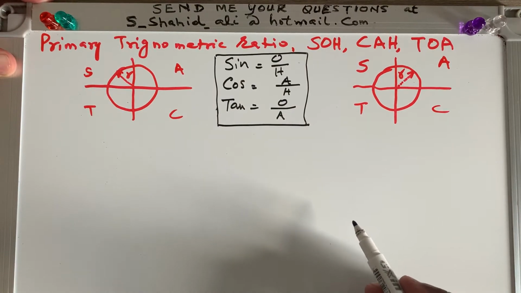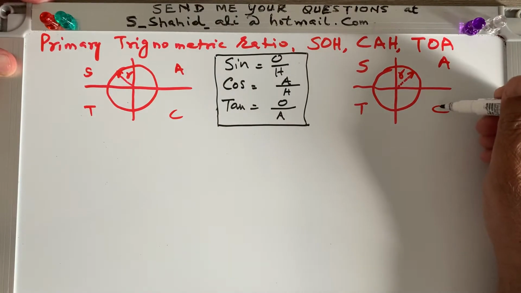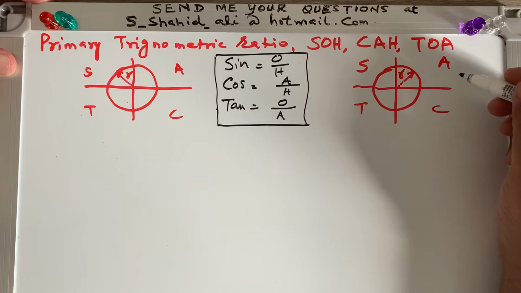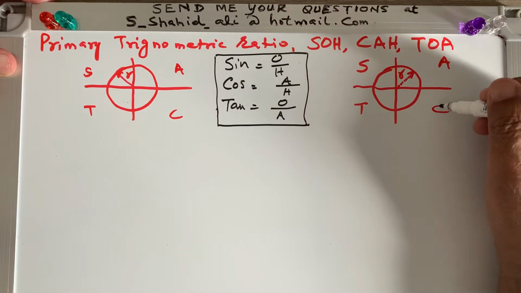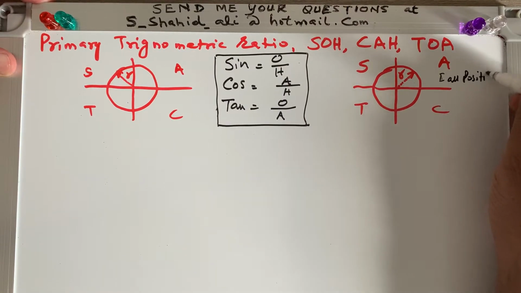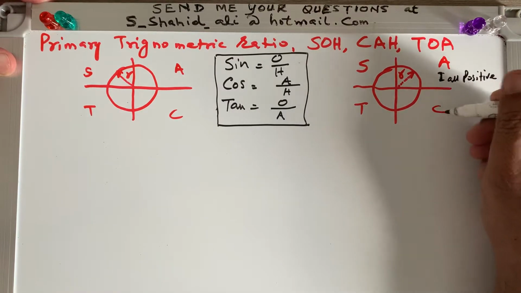Now we have two pictures here, and we learned in the past lecture that CAST is the rule for the sign of the trigonometric ratio. We say in the first quadrant, all positive. All trigonometric ratios are positive in the first quadrant, and C indicates cosine.